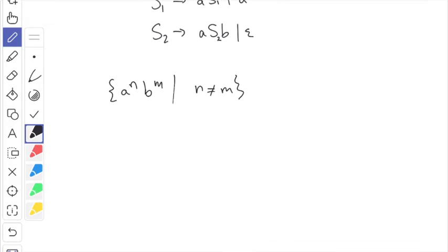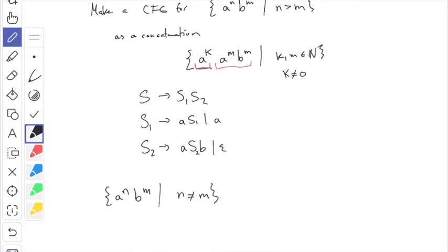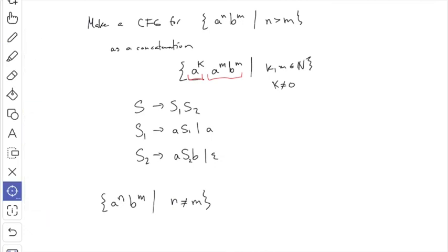You might be tempted to try and make this a concatenation, but you can't really. In the previous example, we could make that a concatenation because we knew there were extra a's, and so you can split out the extra a's, and then there's some same number. But here, there could be extra a's, but there could also be extra b's. And so you don't know which way you can split it out. Does anybody feel like that has anything to do with a union?